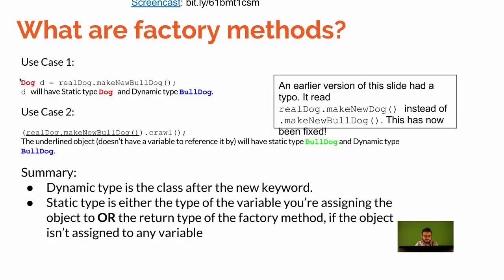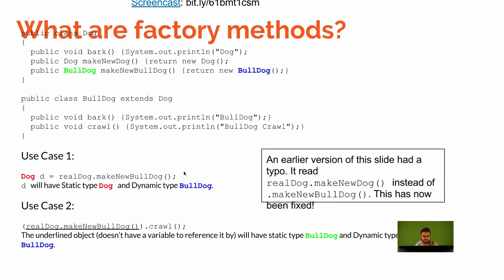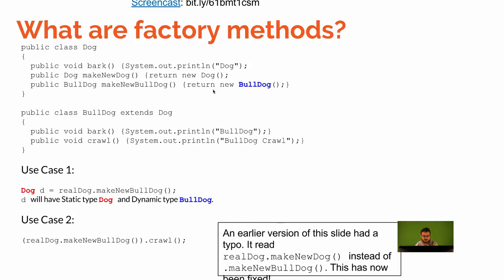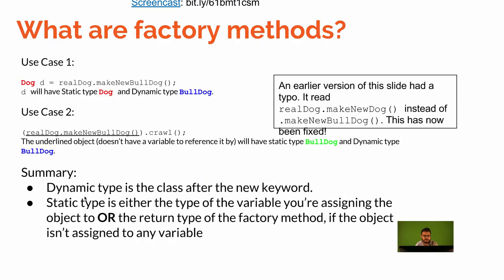Now, let's just summarize this whole thing, which is just that the dynamic type for factory methods will be the class after the new keyword. After the new keyword, that'll be the dynamic type. The static type depends. The static type is either the type of the variable you're assigning the object to.